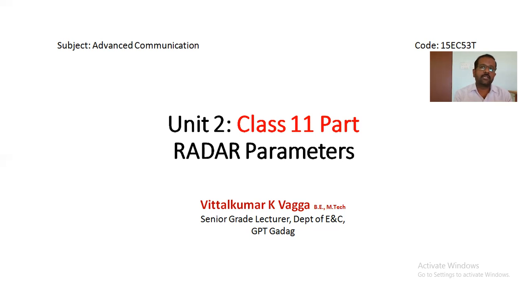The transmitter radiates the RF signal, which is passed into the duplexer, and the duplexer gives the connection for the transmitter. After that it is passed to the radar antenna, which converts that RF signal into an EM, electromagnetic, signal.